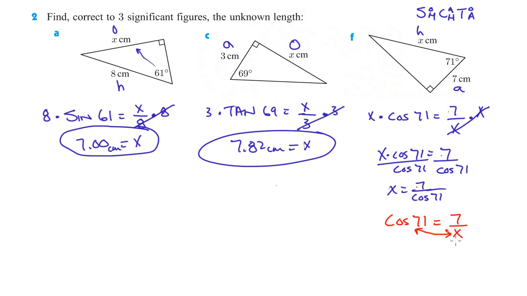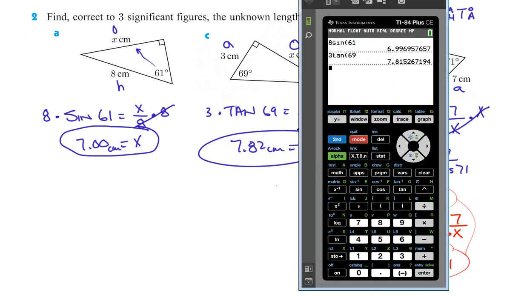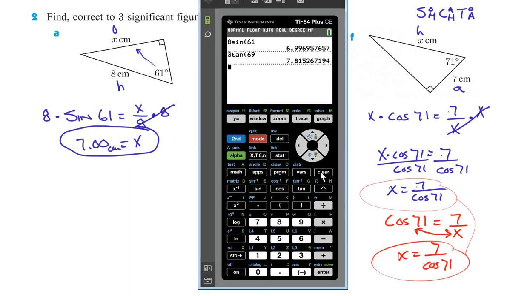So I'm going to say, oh, now this x is coming over here, 7 stays there, and then I'm going to put cosine 71 over there, which is the same thing as this. Okay, so that's just a quicker way to do that once you've done that a few times. Okay, so we're going to do 7 divide by cosine of 71, and we get 21.50 for 3 significant digits.